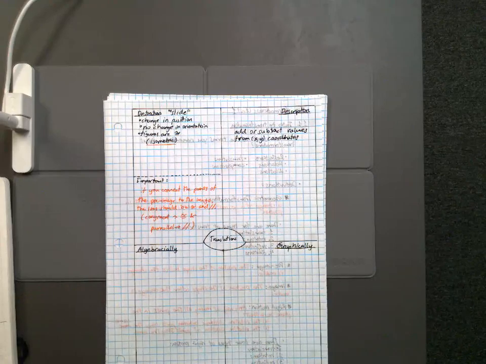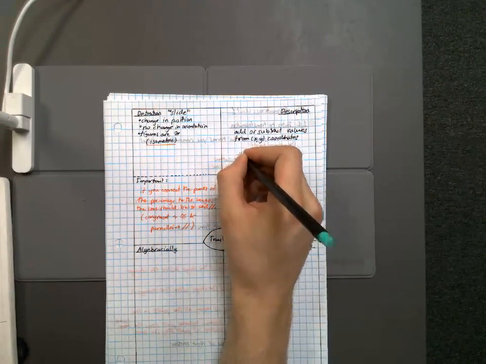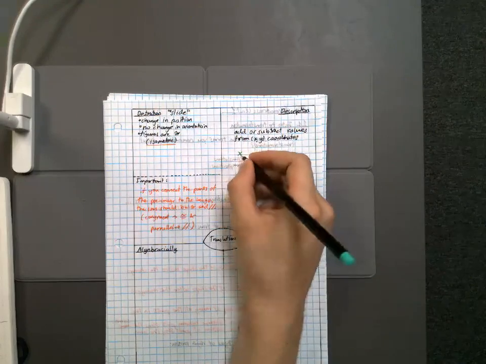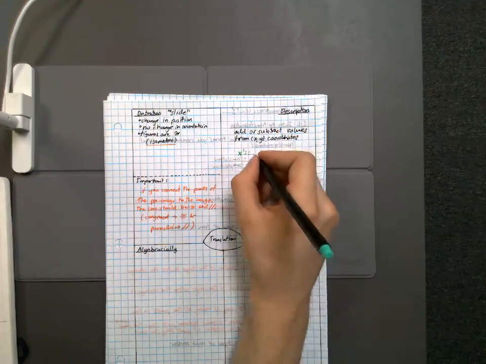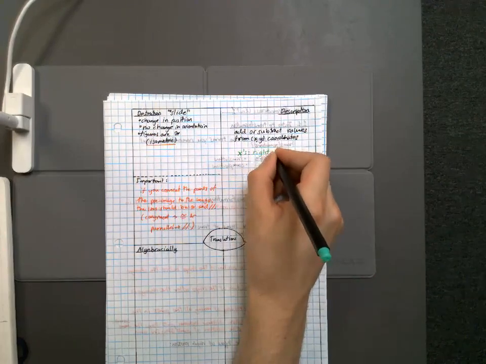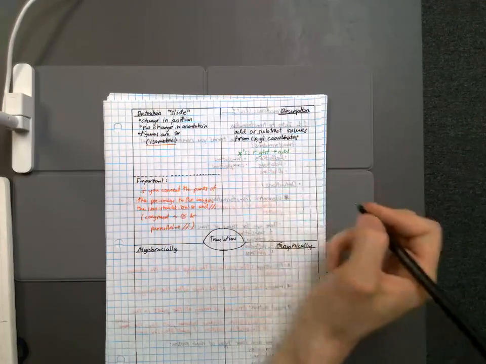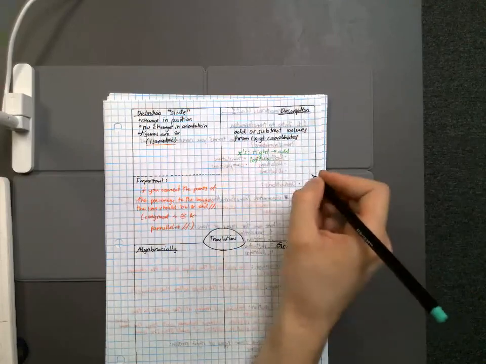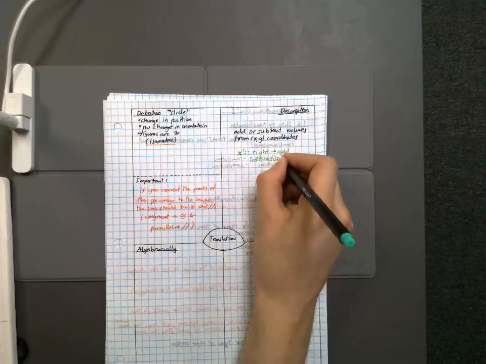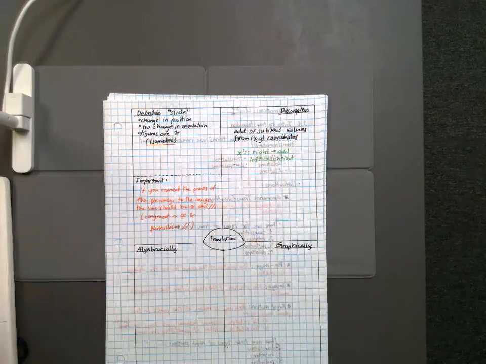So, for X's, right is to add, and left is to subtract. Hopefully that is somewhat visible.